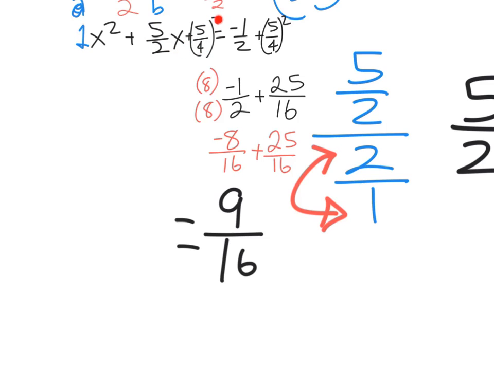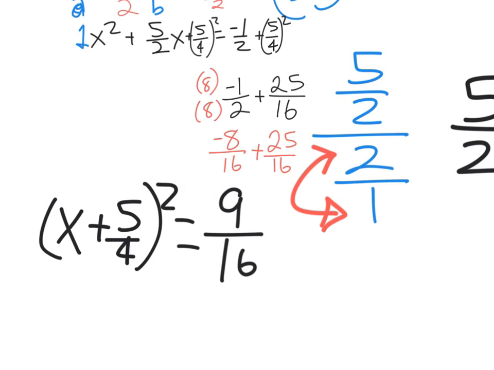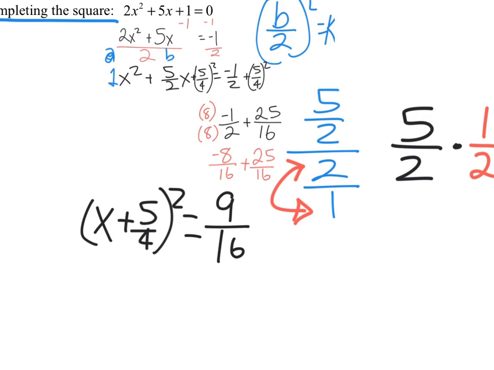Well, we remember that if we figured out what b is, when we divide it by 2, we've got 5/4. So we can simply factor this to (x plus 5/4) squared. Beautiful.